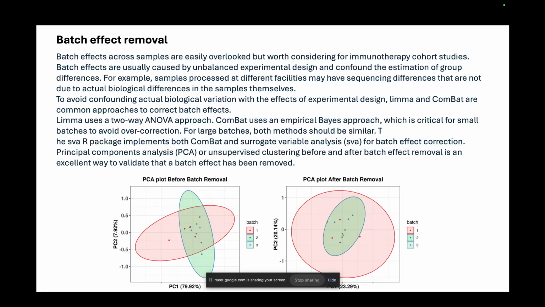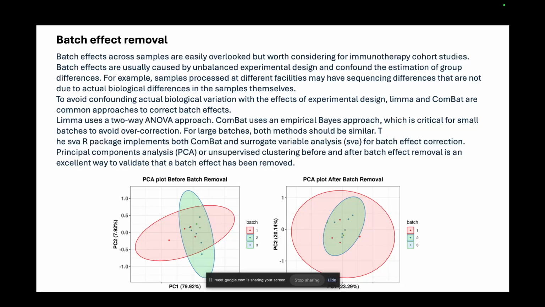For example, one sequencer gives you some variability in the data, and another sequencer gives you some other kind of variability, and when you try to merge the data, you see the samples are not clustering together even though they are from the same condition. They cluster separately using techniques like PCA, and then you see that the variation is not due to biological phenomena, it is due to the experimental approach, right?